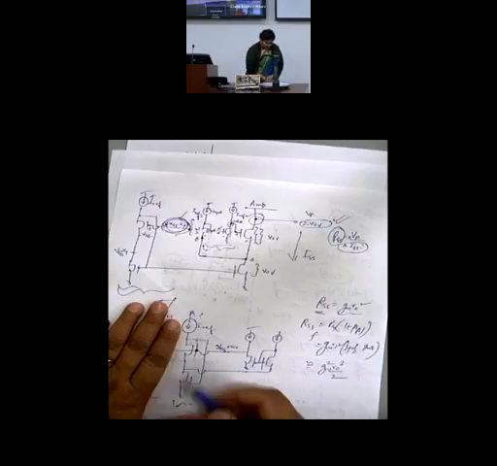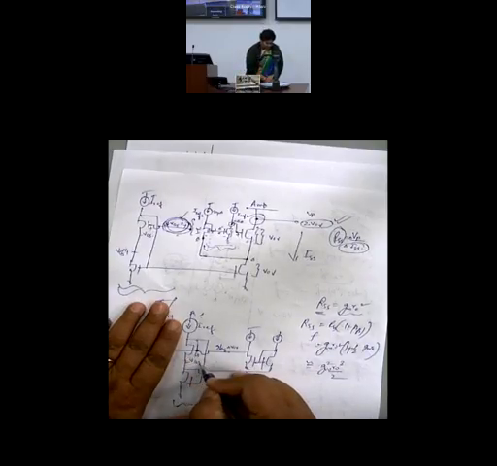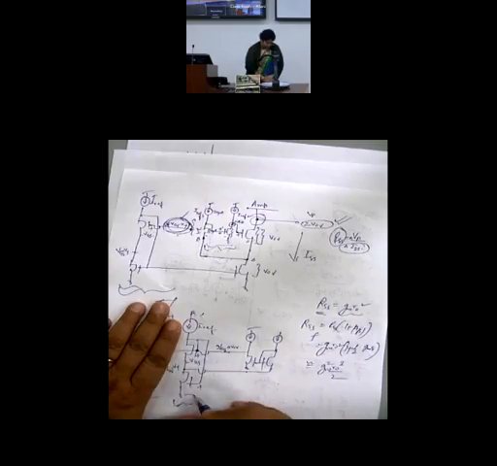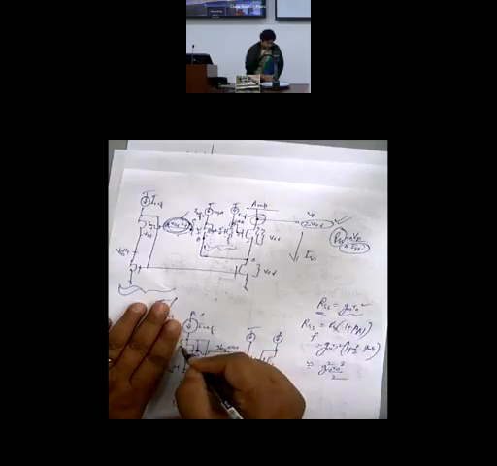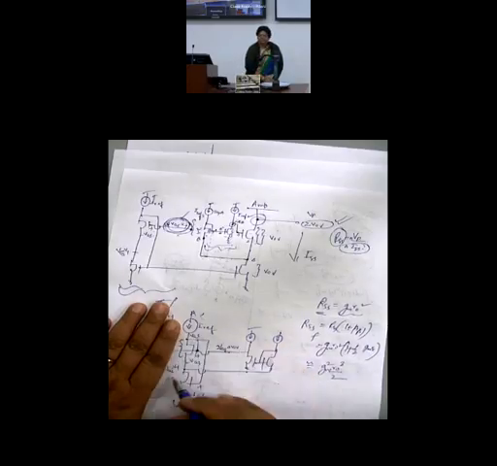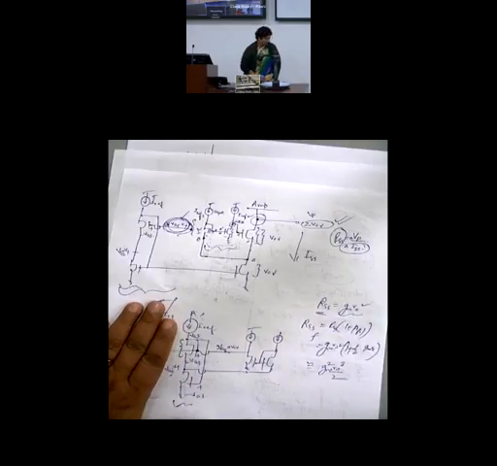Okay, so this node will be VGS. This node comes to VGS minus VT. This is VGS, and this will be the difference. The difference will be how much? This is VGS minus VT. What is this difference?